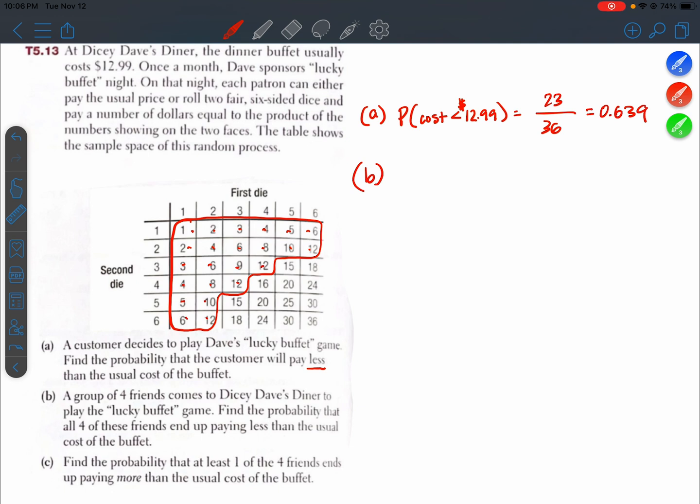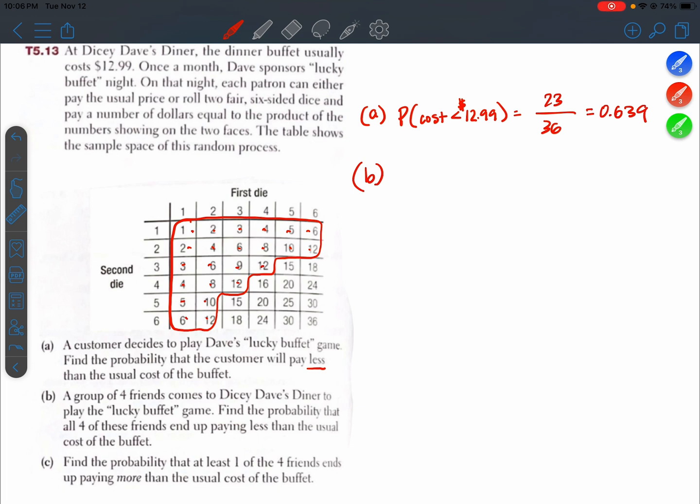All right, part B. A group of 4 friends comes to Dicey Dave's Diner to play the Lucky Buffet game. Find the probability that all of these friends end up paying less than the usual cost of the buffet.